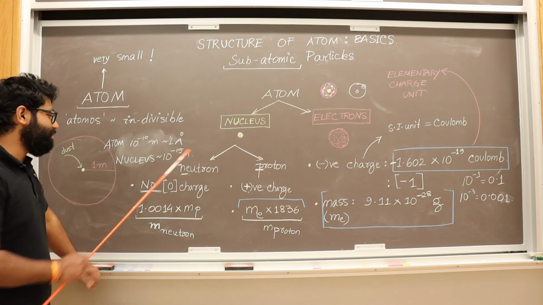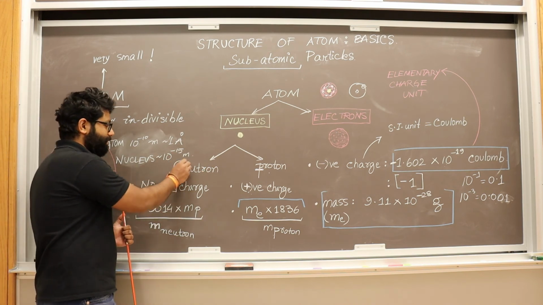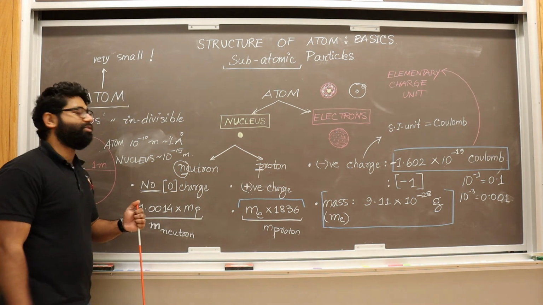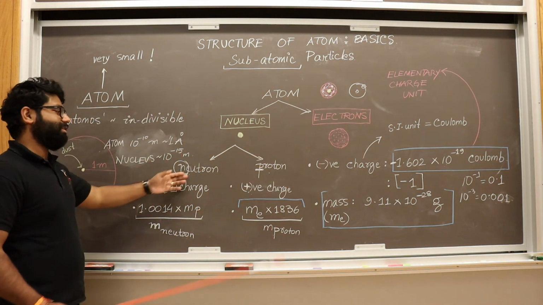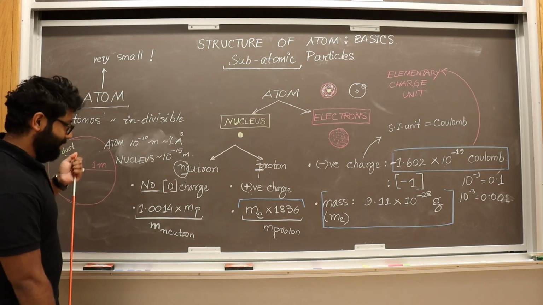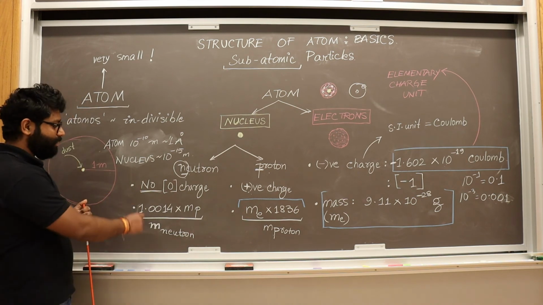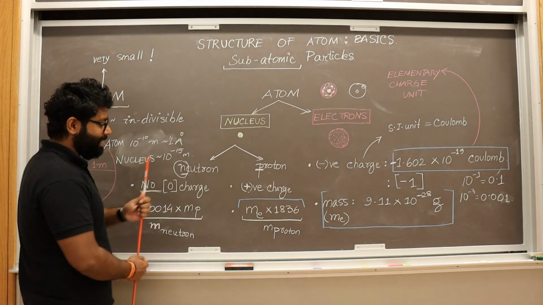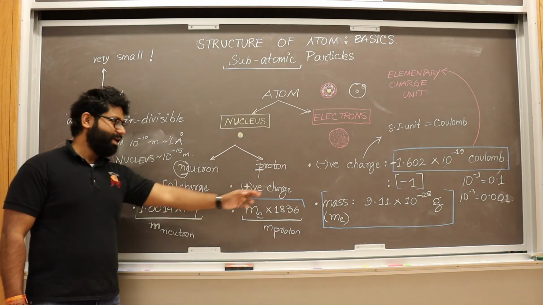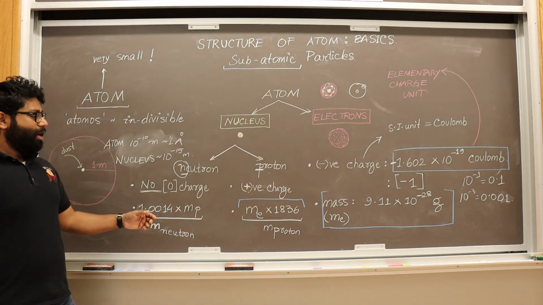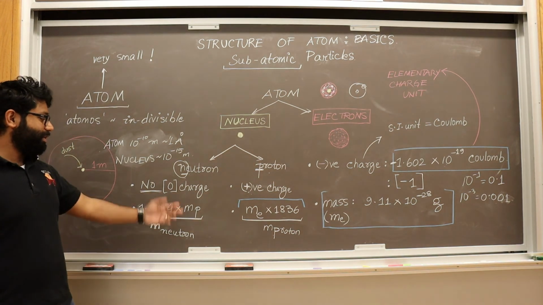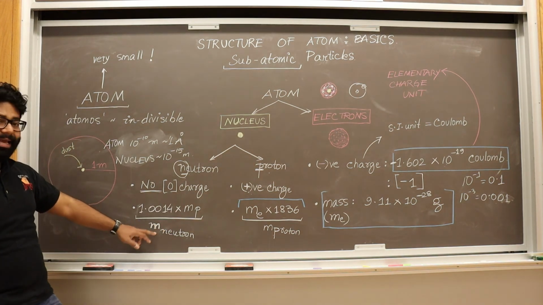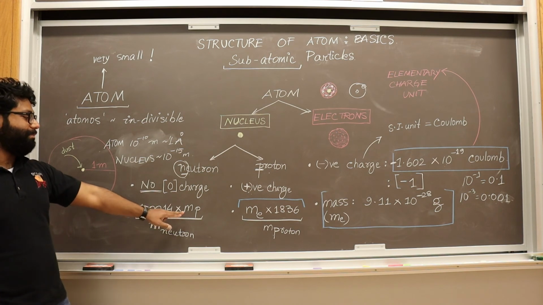What about neutrons? Neutron, N, so no charge, right? There is no charge on a neutron, which is good. So you have a negative charge, you have a positive charge, and there's no charge, right? But it has mass. It has mass almost as equal as the proton, right? It's almost the same, but since you're here and studying from us, you should know that the mass of the neutron is slightly heavier than the mass of the proton.